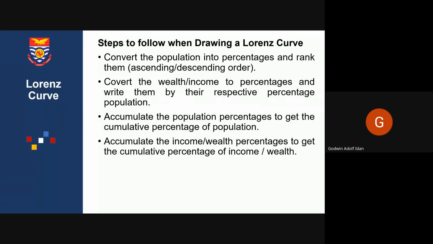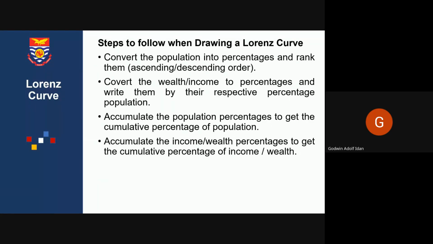So when you are given the raw question, the first step is to convert the population into these percentages. Step number 2 says that once you are able to convert the percentages and rank, you are also to convert the income to percentages and write them by their respective percentage population.